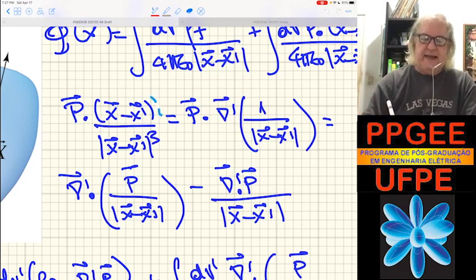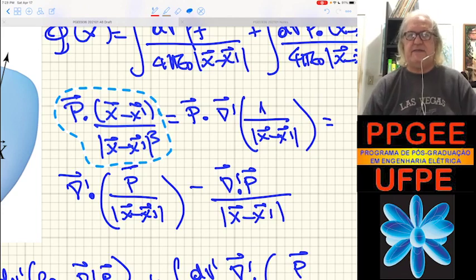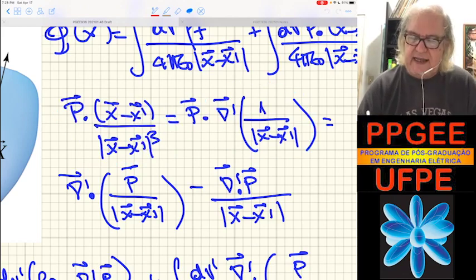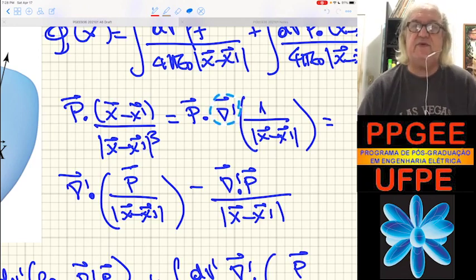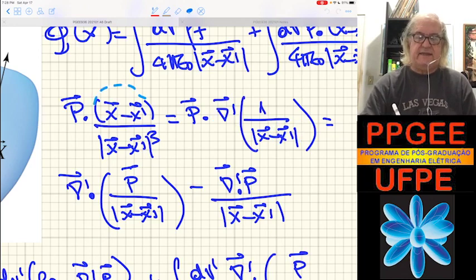So we have P dot the difference vector divided by its magnitude cubed. That's the same as P dot nabla of the inverse function. Now notice that I'm using prime here, so I'm doing the derivative relative to x prime. So it's going to be plus.